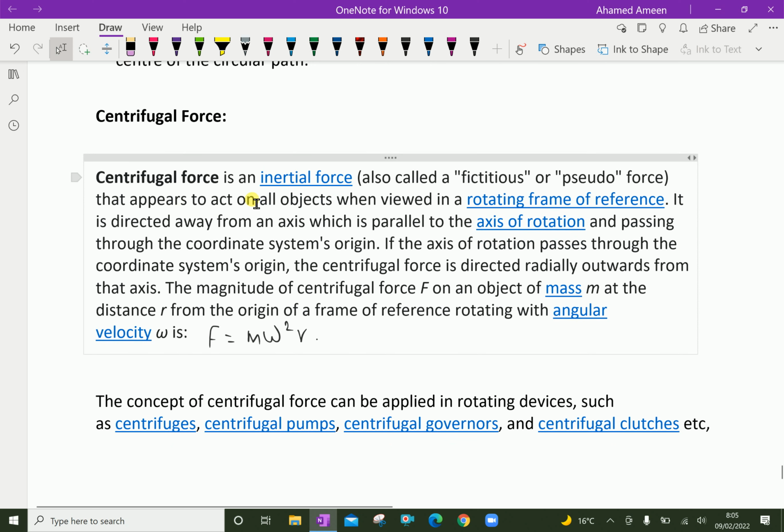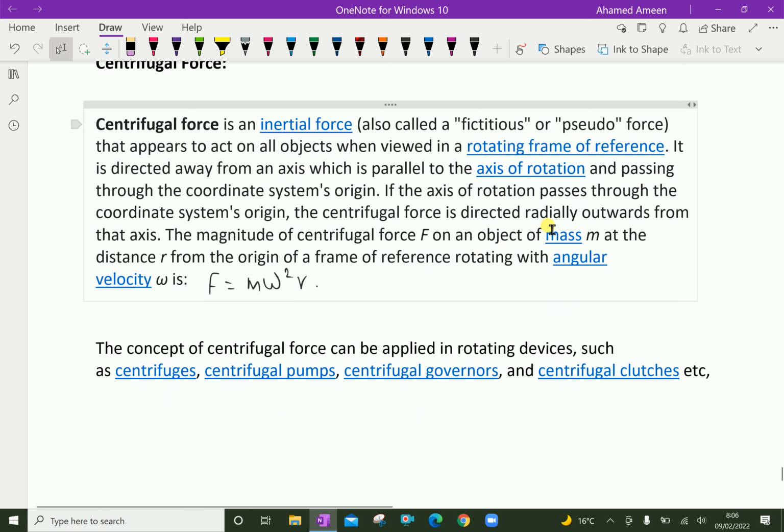Next, centrifugal force. A centrifugal force is an inertial force, also called a fictitious force, that appears to act on all objects when viewed in a rotating frame of reference. It is directed away from an axis which is parallel to the axis of rotation and passes through the coordinate system's origin.